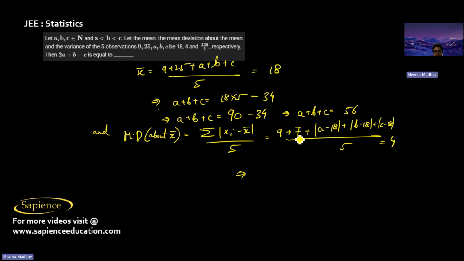That means 9 plus 7, that is 16, plus the mod terms is equal to 20. So this sum is 4.